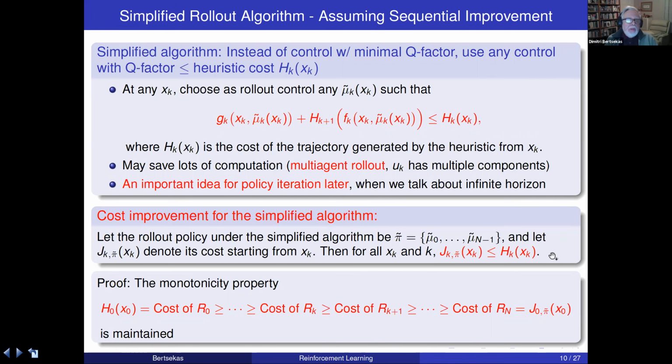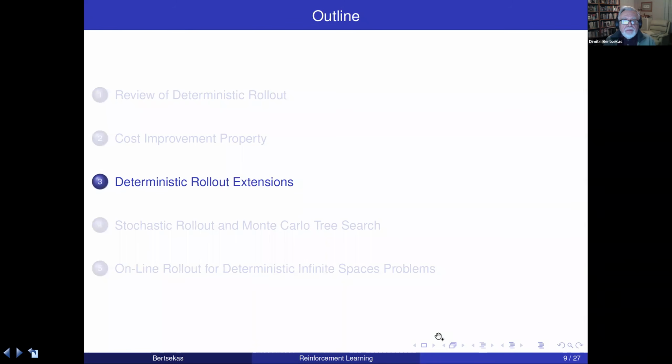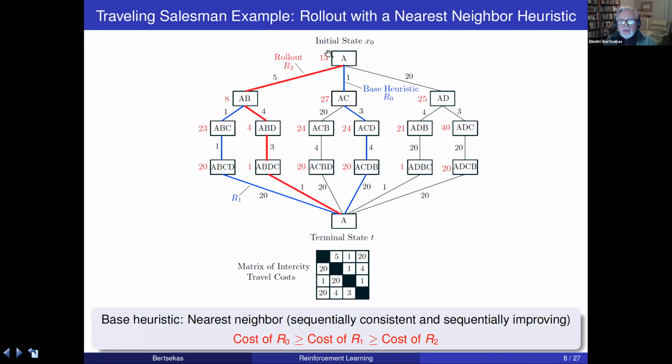Okay, are there any questions? I'm sorry, are there any questions about the monotonicity property or simplified rollout? These trajectories are the same ones that we saw here, okay?